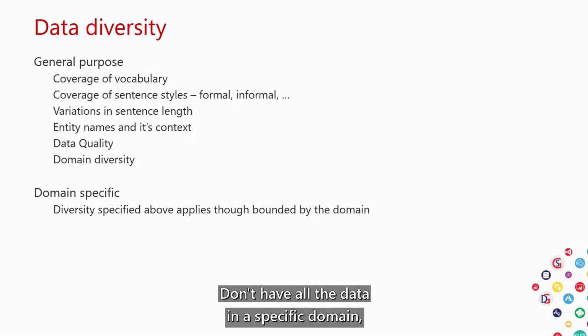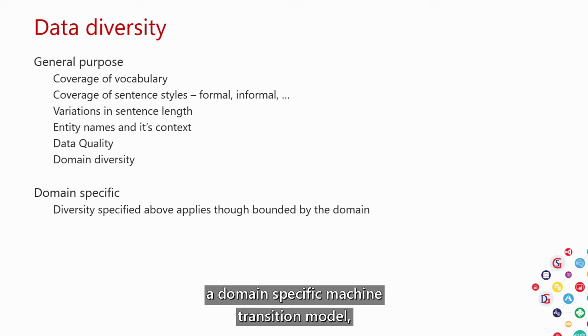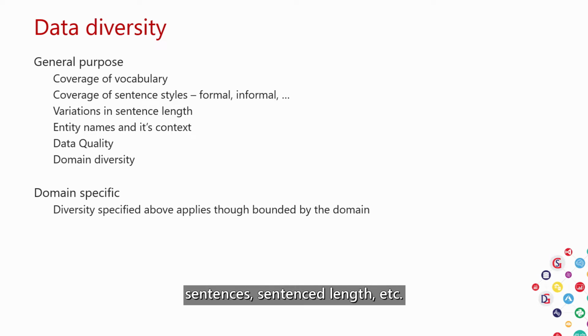Don't have all the data in a specific domain, or the model is skewed for that domain. Of course, if you're going to build a domain specific machine translation model, that's what you should do. But even then, you need to ensure that you have good diversity in terms of vocabulary, sentences, sentence length, etc.